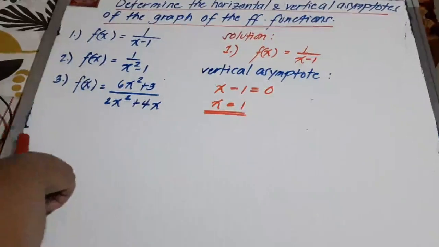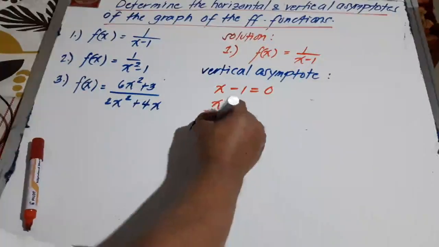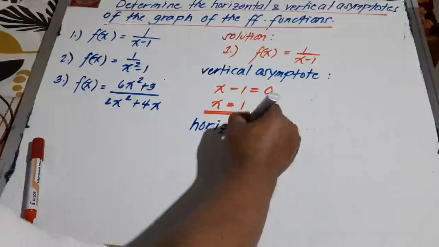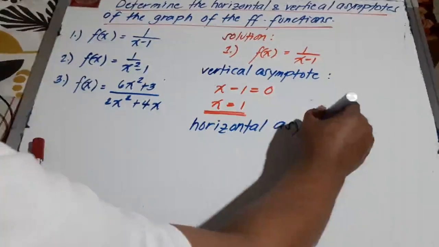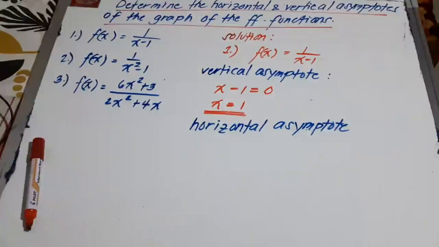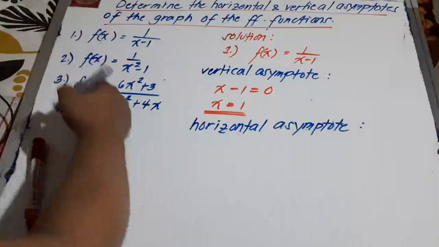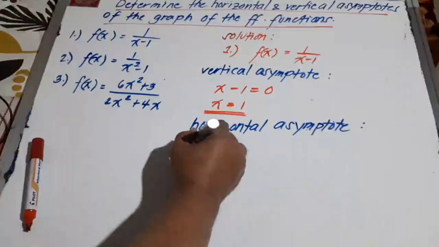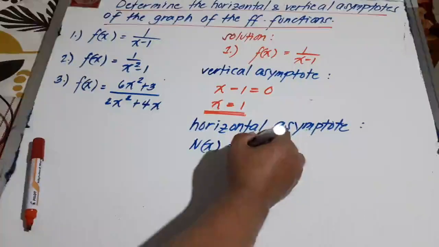And for the horizontal asymptote, we're going to follow the rules in determining the horizontal asymptote. That is by comparing the degree of x on the numerator to the degree of x on the denominator of the rational function. Okay. For example number 1, n of x, that is the polynomial on the numerator, is 1.